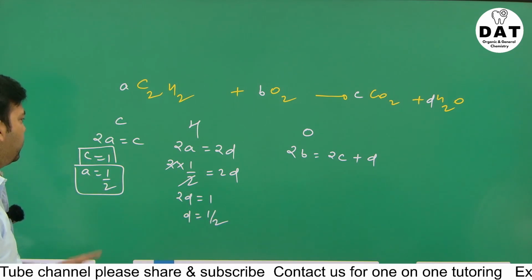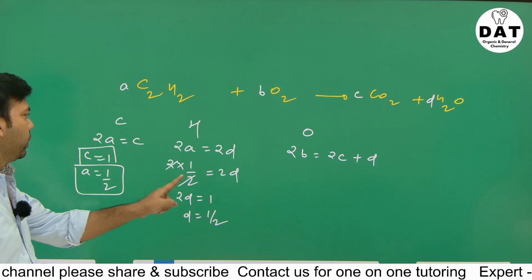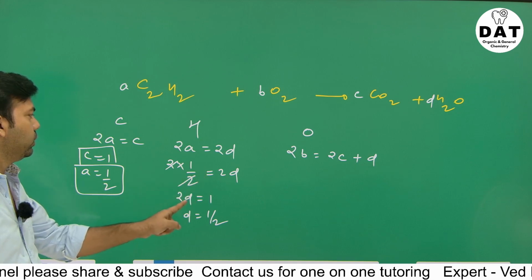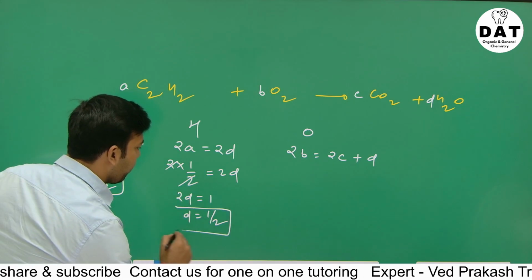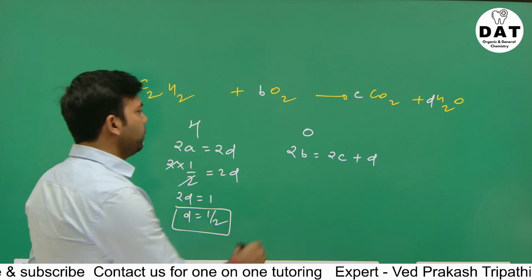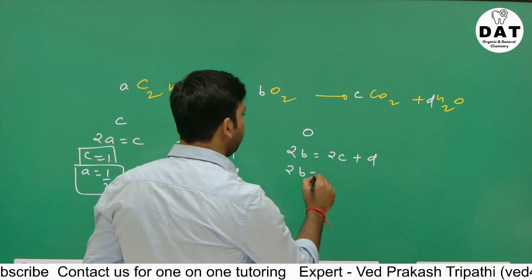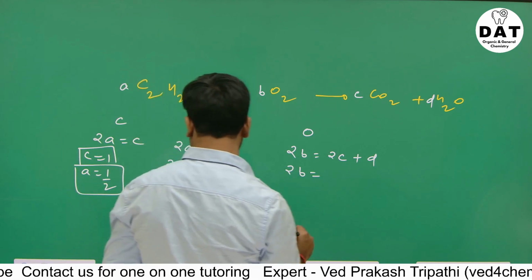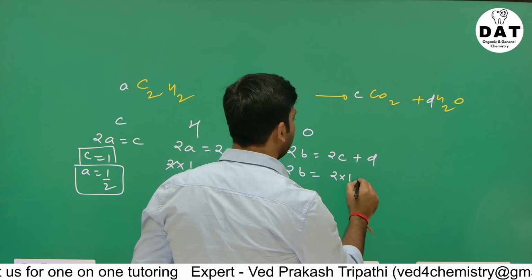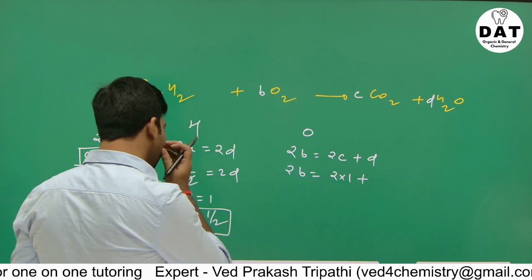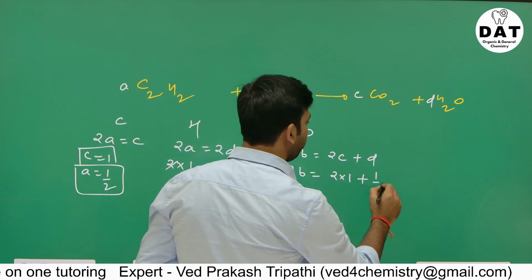We can again check. 1 by 2 cancels out. So 2D is equal to 1. So D is equal to 1 by 2. So now you can find out here. So 2B is equal to my C value, which is what? 1. So 2 into 1 plus what should be D? D is 1 by 2 as well.